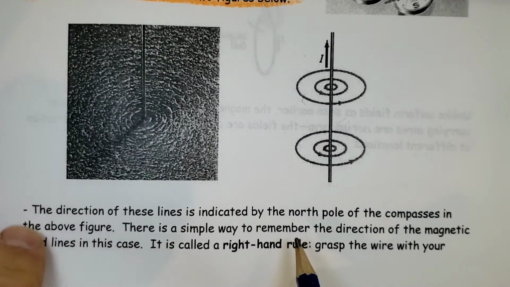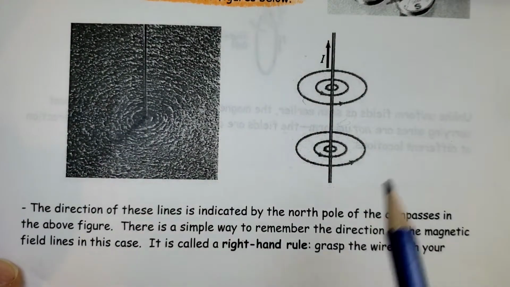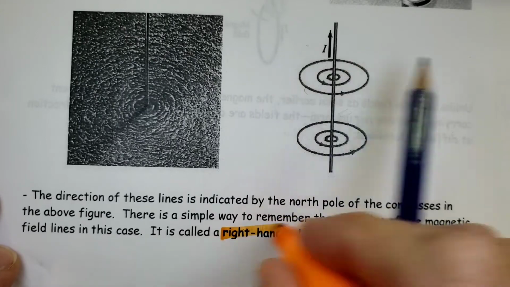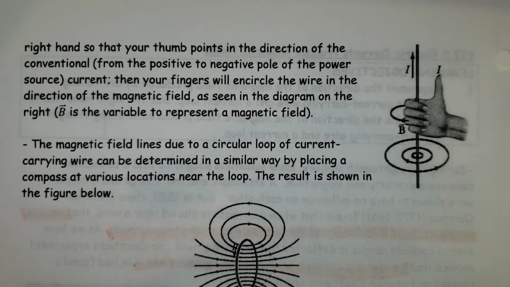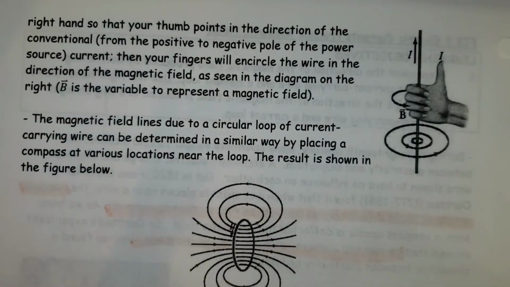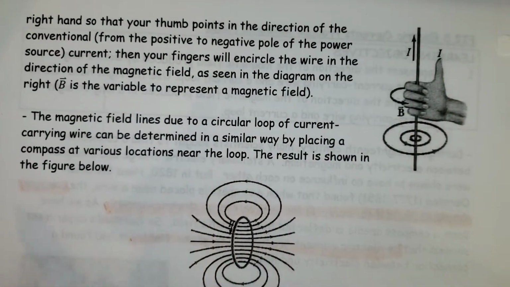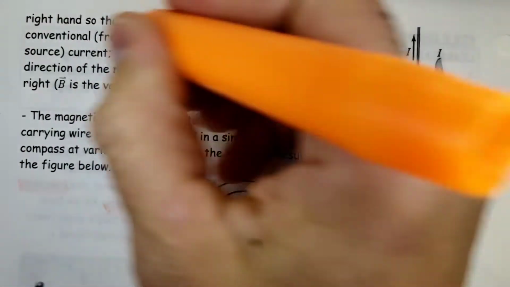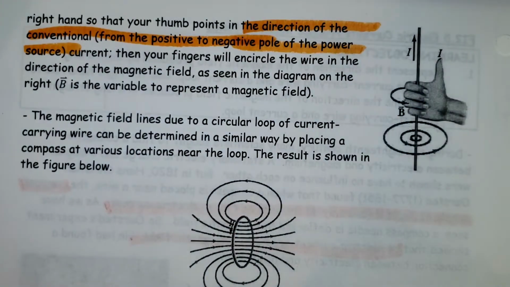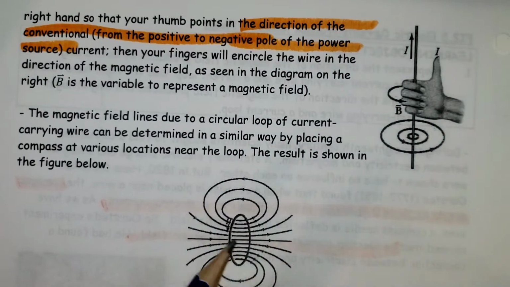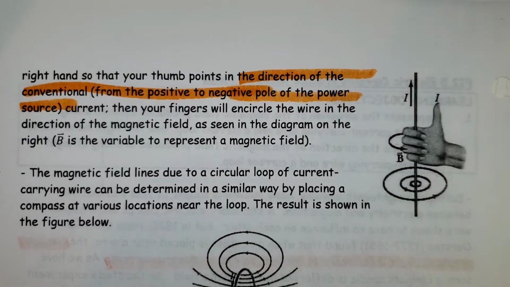There's a simple way to determine the direction of the magnetic field lines in either case, and it's known as the right-hand rule. The right-hand rule is to grasp the wire with your right hand so that your thumb points in the direction of conventional current. Now, we need to stop there because conventional current is thought of as being the movement of positive charges.